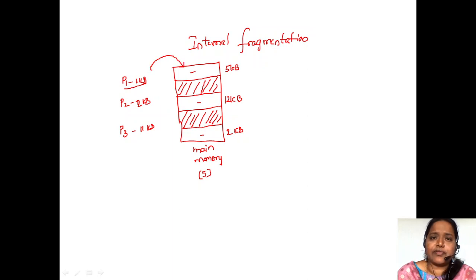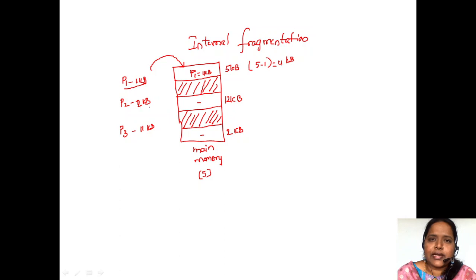If we don't follow any algorithm, we consider the first free block. So we keep P1 over here, but P1 occupies only 1 KB, and the size of this partition is 5 KB, so 5 minus 1 equals 4 KB left over here.